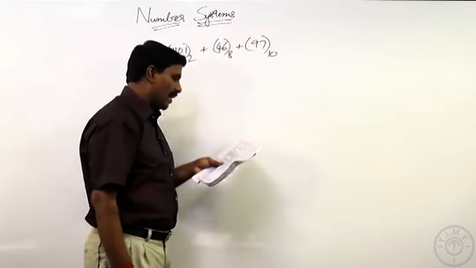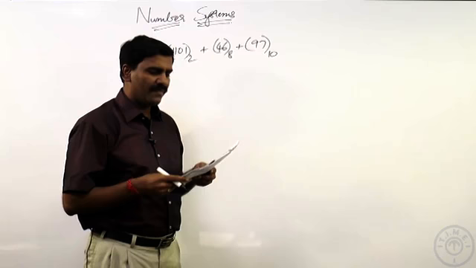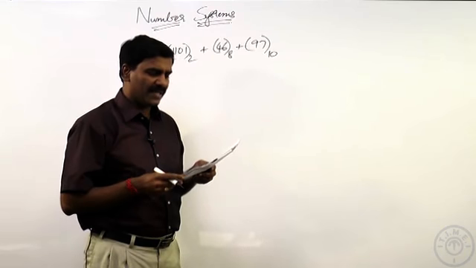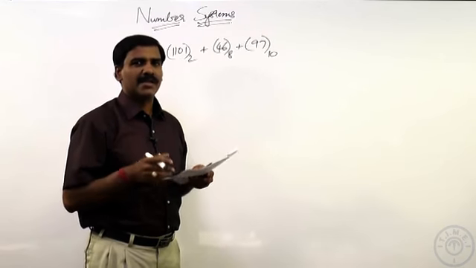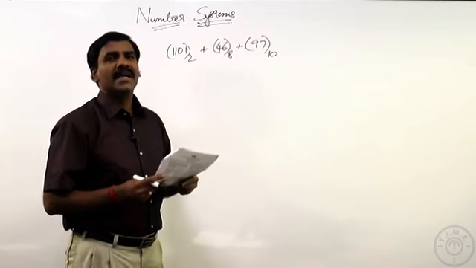The results are given in base 10: 148 base 10, 147 base 10, 146 base 10, 145 base 10. These are the choices. So we are asked to convert all of these into the decimal system.